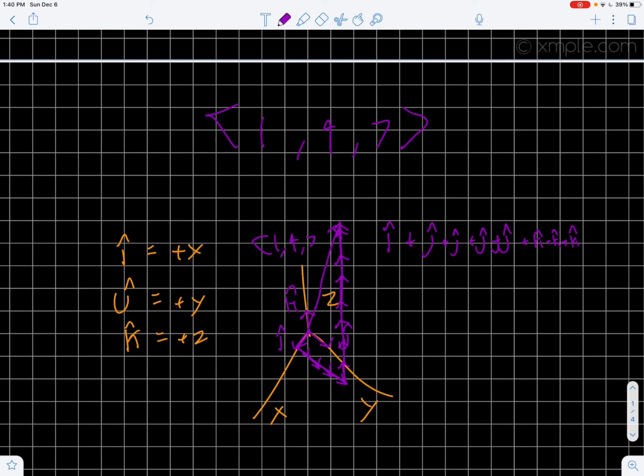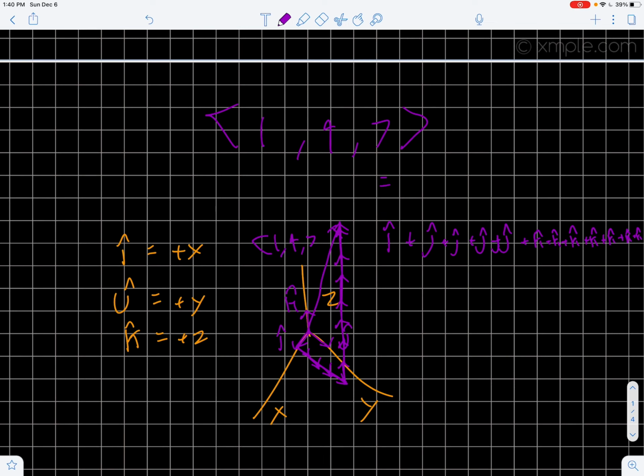You get the same vector. Those 2 vectors are the same.